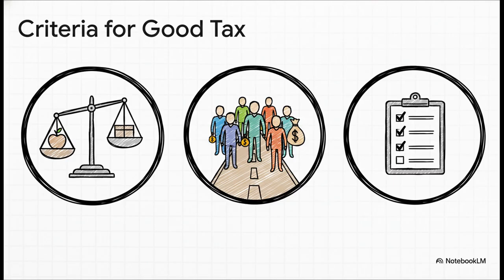This breaks down into the ability to pay principle, which means horizontal equity, where people earning the same pay the same, and vertical equity, where higher earners pay more. Equity also includes the benefit principle, which is exactly what it sounds like. If you use a specific public service, you pay for it. And finally, a good tax just has to be administratively simple, keeping the actual compliance costs low.